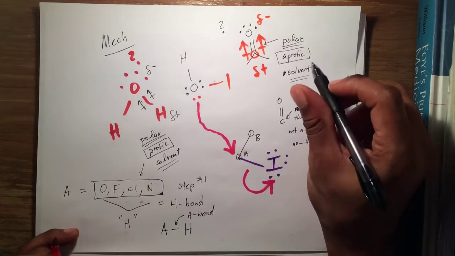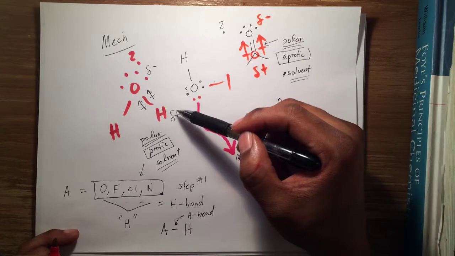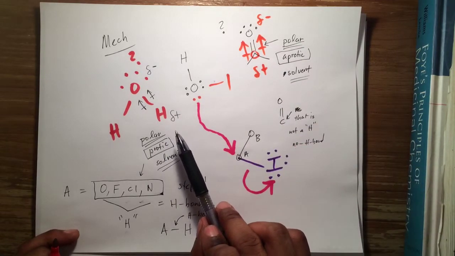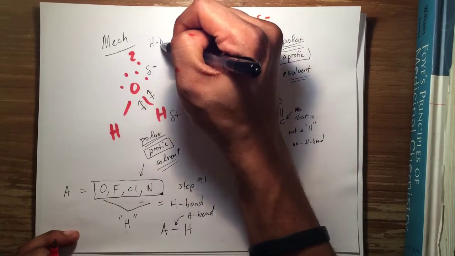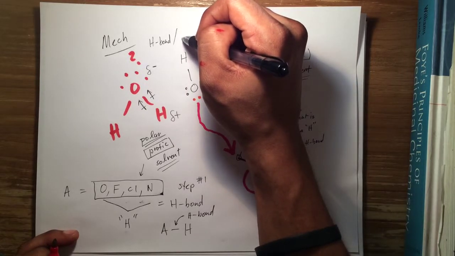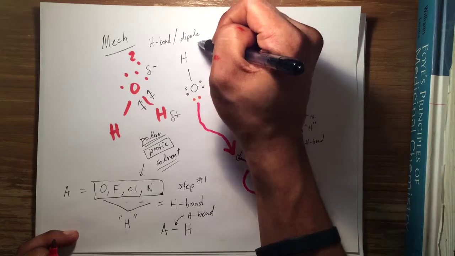And don't get me wrong, a polar bond does have net charges, just like a hydrogen bond does. But a hydrogen bond, these are two intermolecular forces we're dealing with here. Now we're looking at an H bond versus a polar bond, or what is it? Dipole-dipole. You see it referred to as dipole-dipole.